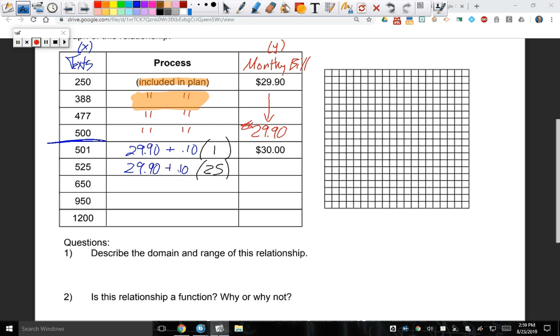So 10 cents, and you can use your calculators, times 25, because there's 25 texts. If you add it all up together, what would be the total? No, like the total for the whole cost. $32.40. Right? So $32.40 is the total. Because remember, we're at $29.90.